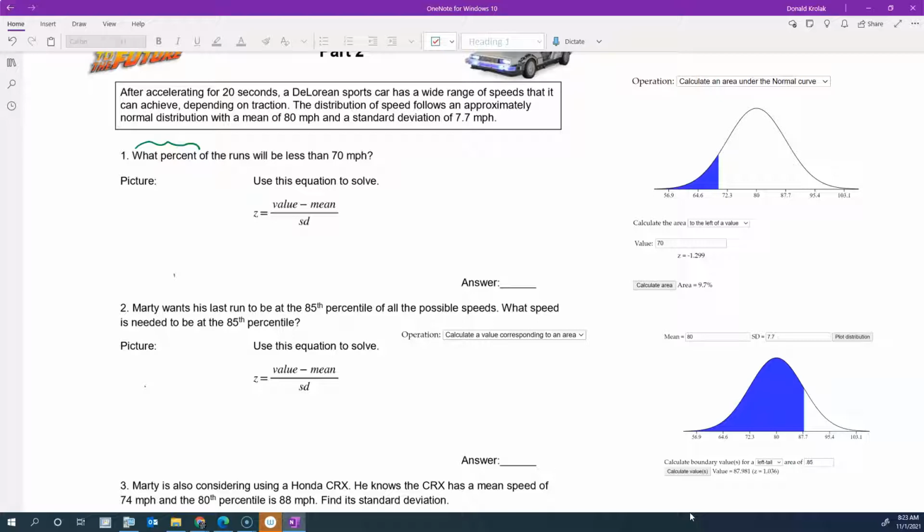What percent means find the area. So this problem is going to become, you've got two choices: one is calculate an area and the other one is calculate a value. This is a calculate the area problem.